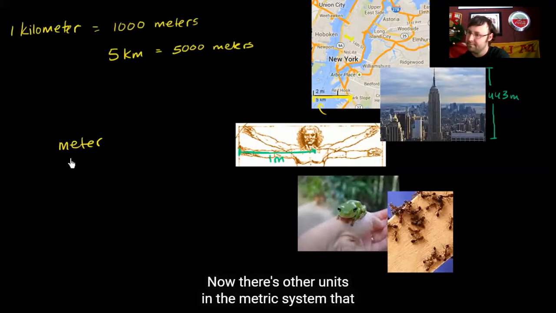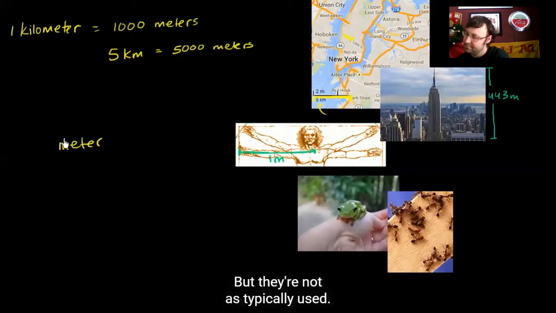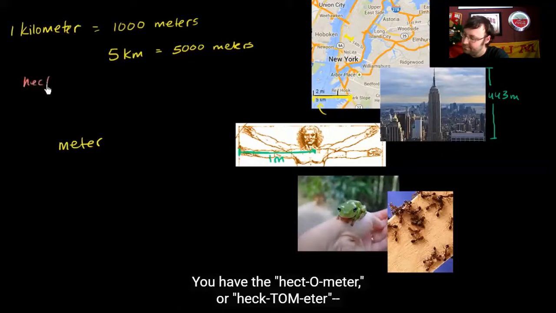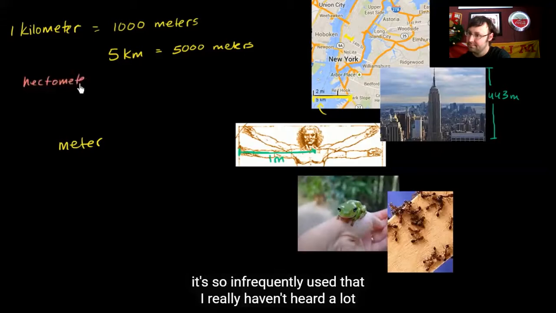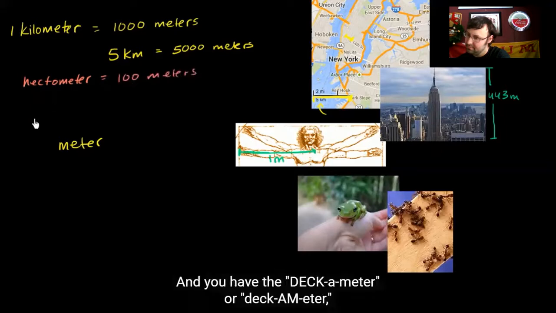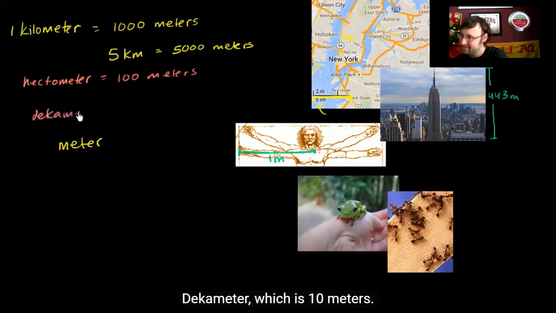Now there's other units in the metric system that allow us to describe distances less than a kilometer but more than a meter, but they're not as typically used. But I'll list them here just so that you see that they exist. You have the hectometer, which is so infrequently used that I really haven't heard a lot of people say it, and it is equal to 100 meters. And you have the decameter, which is 10 meters.